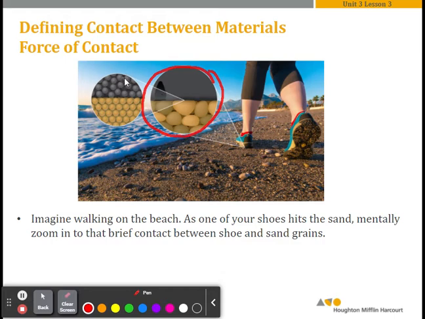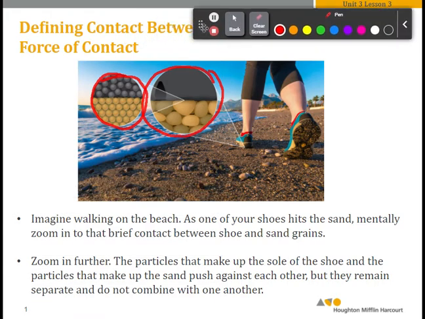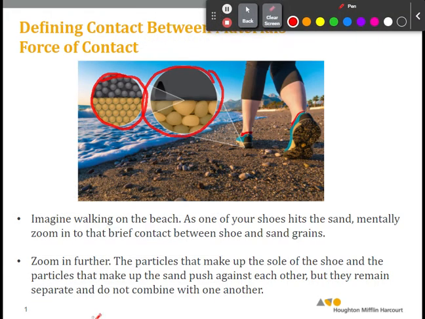But if you zoomed in even further, you would see something like this, where each grain of sand is made up of smaller particles, smaller molecules, and the shoe also is made up of smaller particles. So the particles that make up the sole of the shoe and the particles that make up the sand push against each other, but they remain separate and they don't combine with each other.